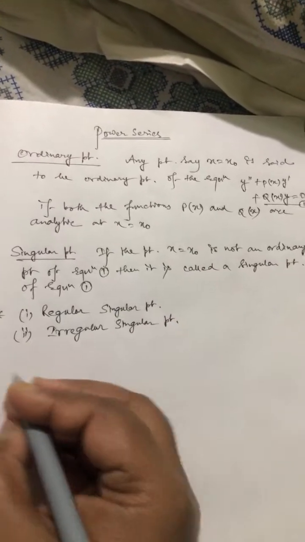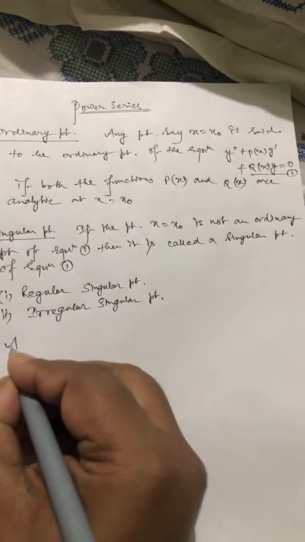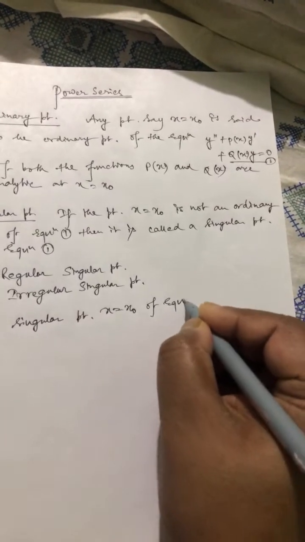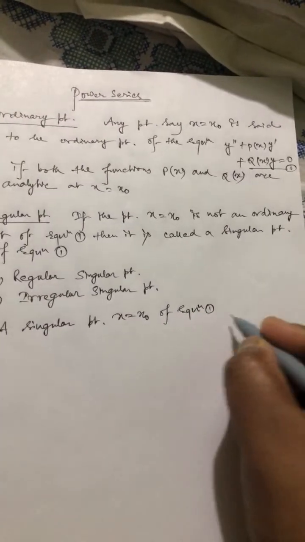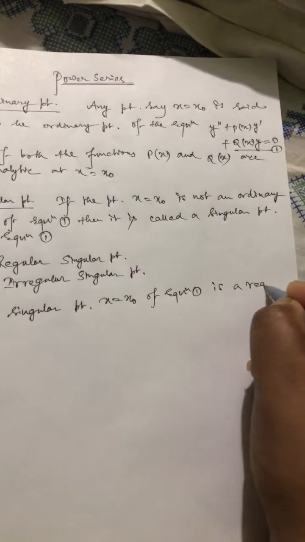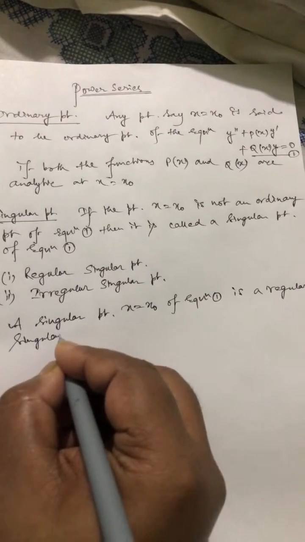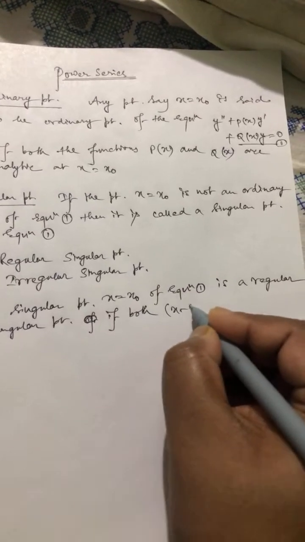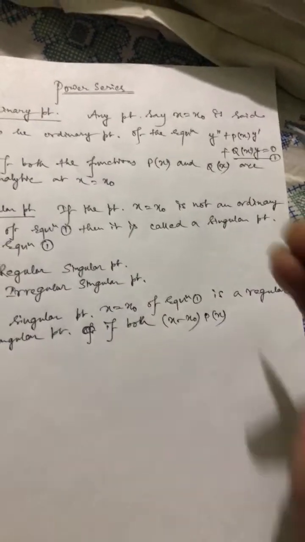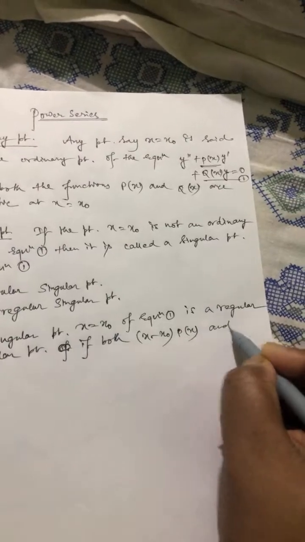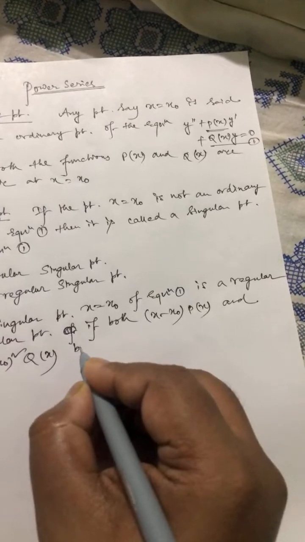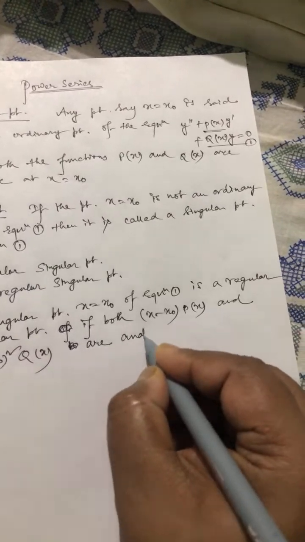Now, whenever we can say that the singular point x equals to x naught of equation 1 is a regular singular point if both x minus x naught into p x, that means this particular function, and x minus x naught square into q x, both of them are analytic at the point x equals to x naught under consideration.